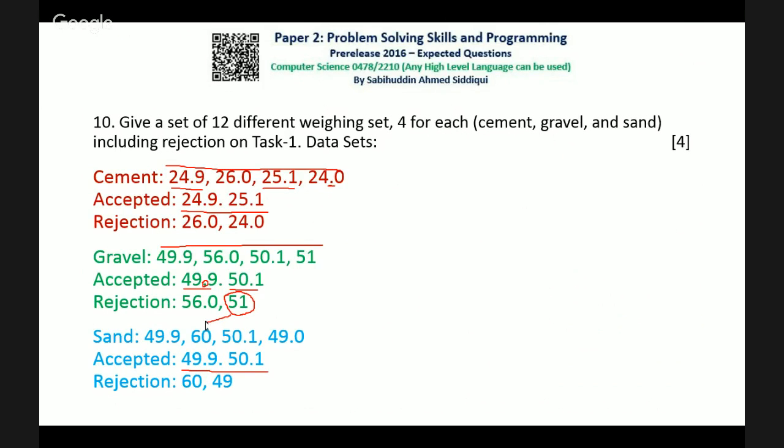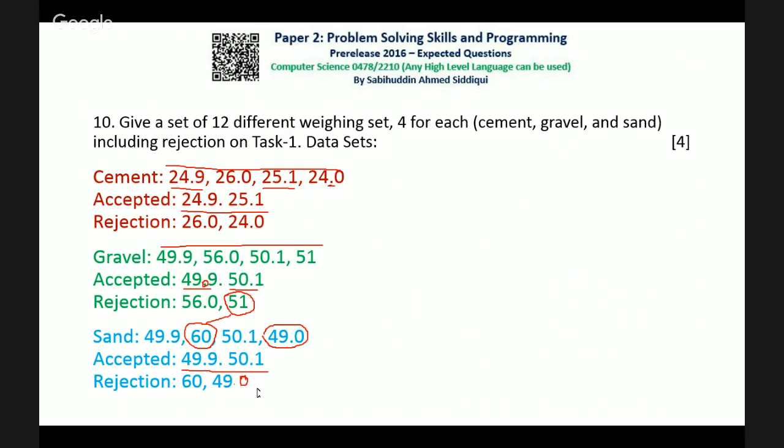This has 60 and 49, which are two different integers with no decimal points, and hence they are rejected. You can put here 49.0, right? So this is 49.0 and 60. Both the data sets are rejected.